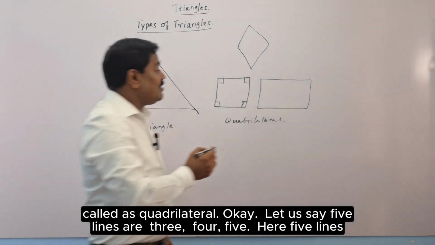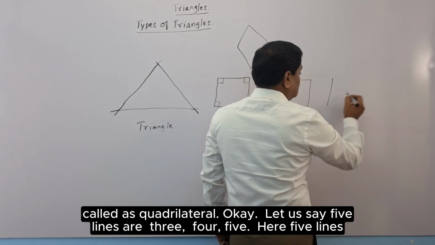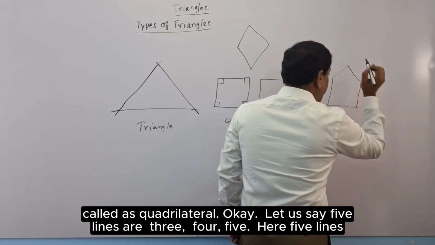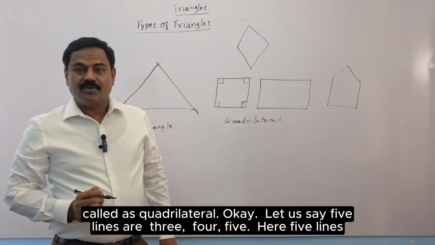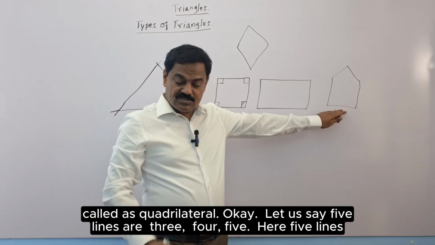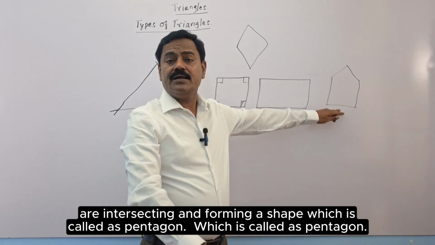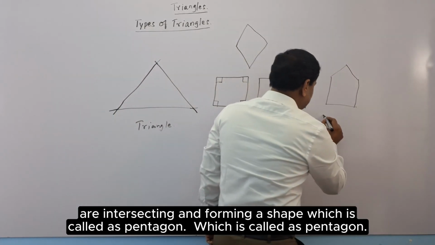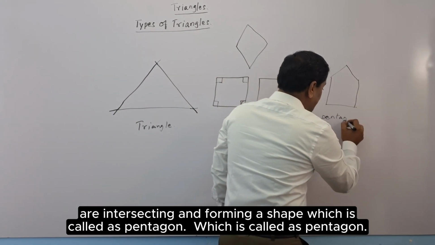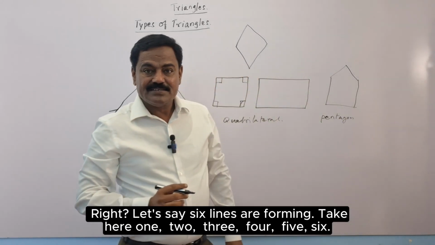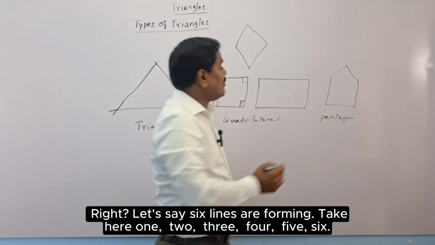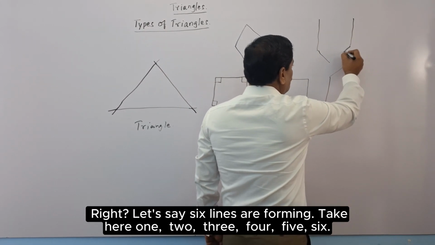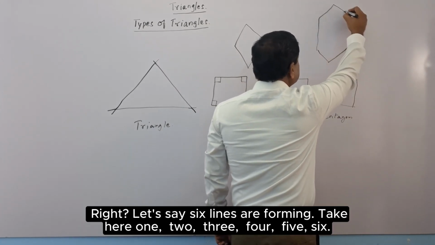Let's say five lines: 3, 4, 5. Here five lines are intersecting and forming a shape which is called a pentagon. Let's say six lines are forming. Take here 1, 2, 3, 4, 5, 6.